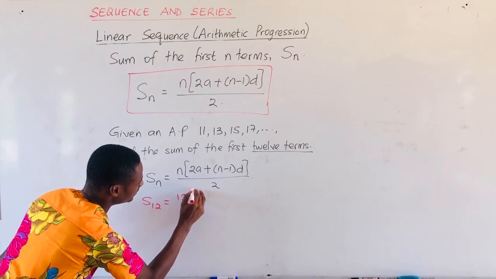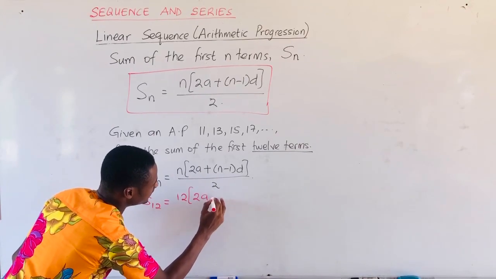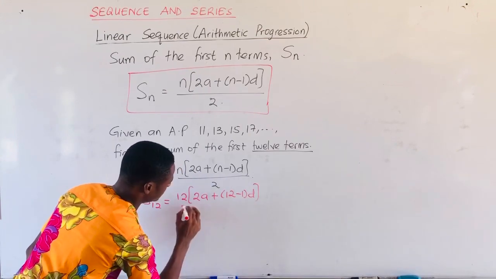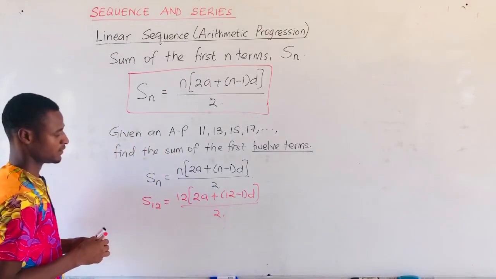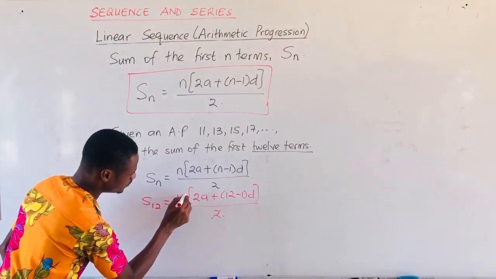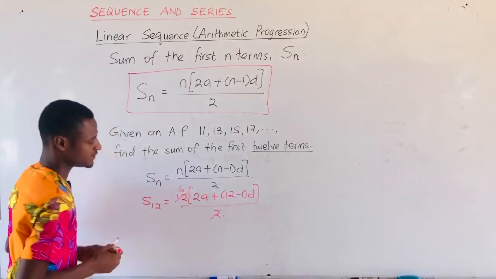So 12 in brackets 2a plus (12 minus 1)d all over 2, which will give us 2 goes into 12, and that is 6.